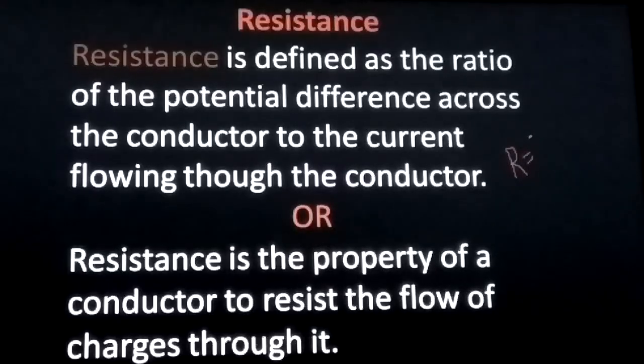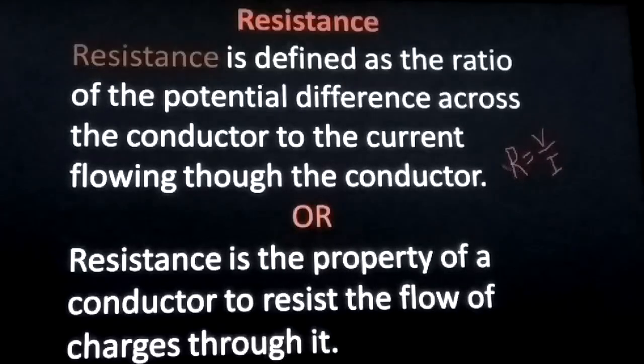Voltage, the potential difference, means V, so R equals V by I, the ratio of potential difference to the current flowing through the conductor.